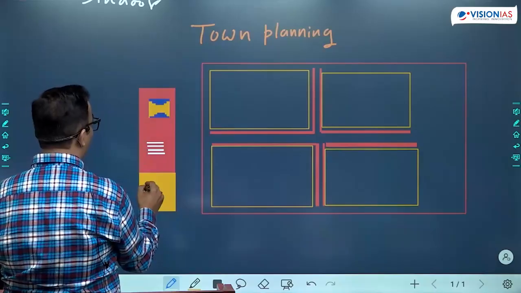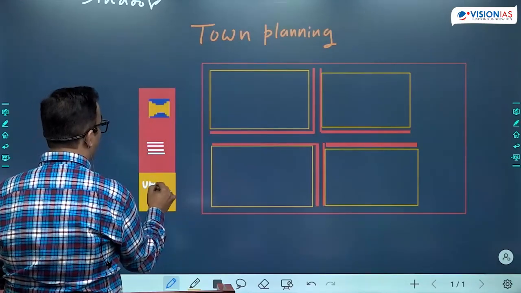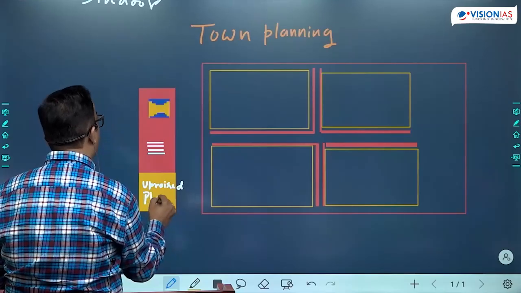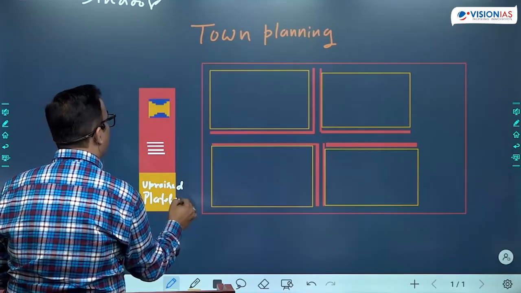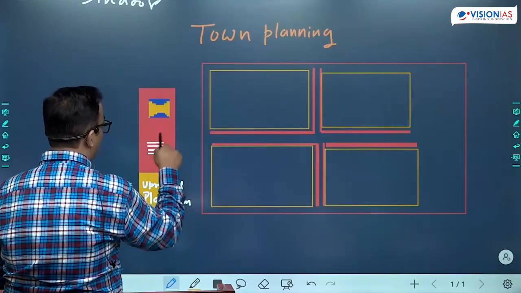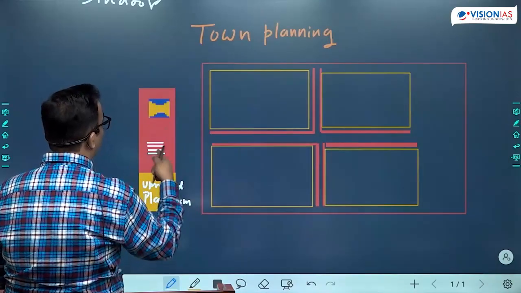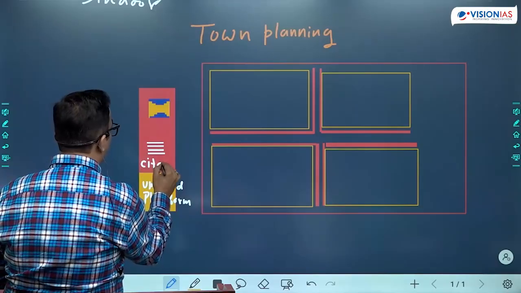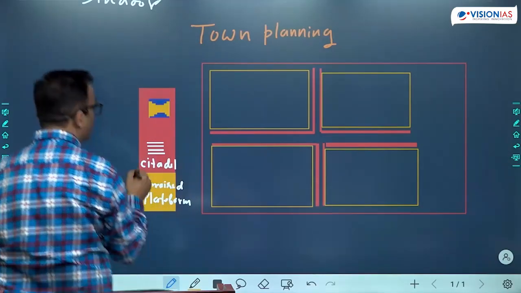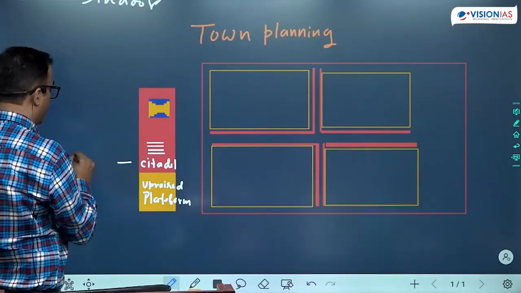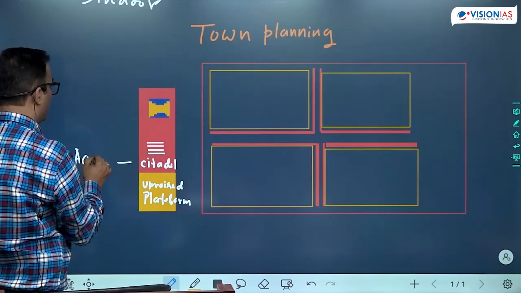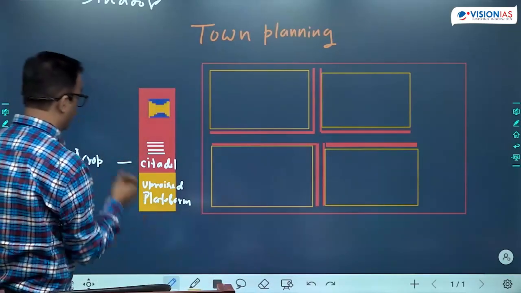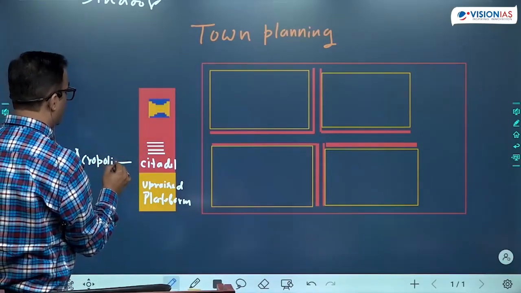So write here: upraised platform. And this part is the town itself. Then the upper town is called the citadel. In some books this is referred to as the acropolis.